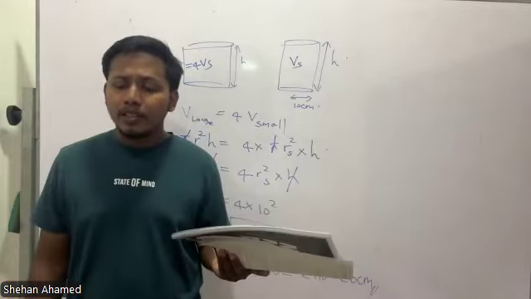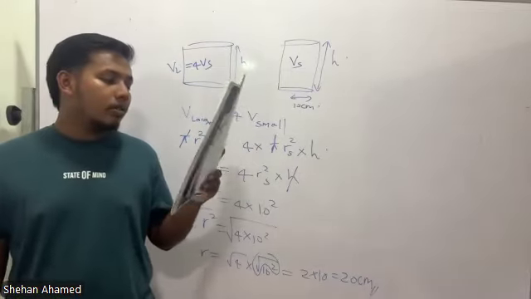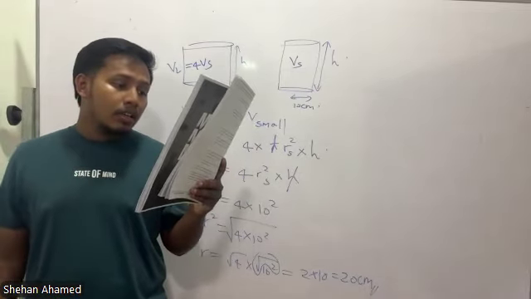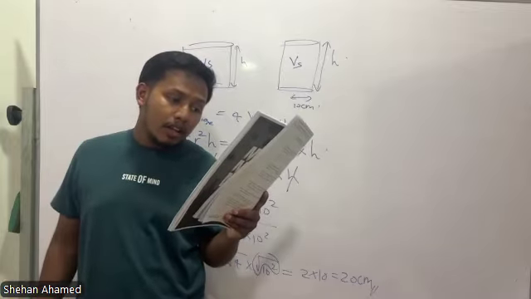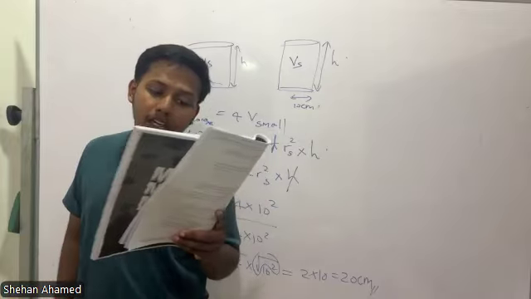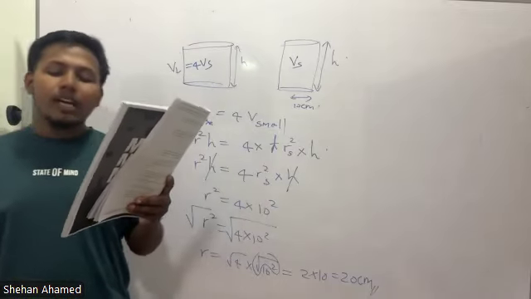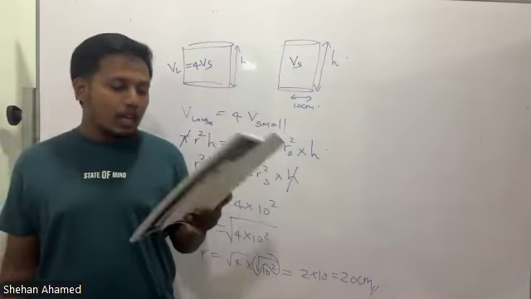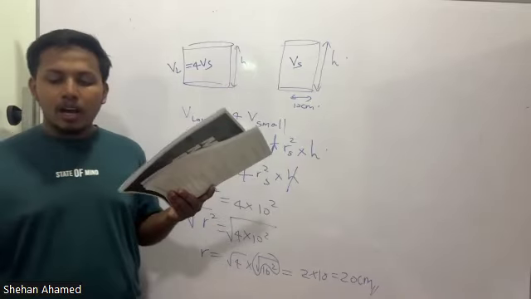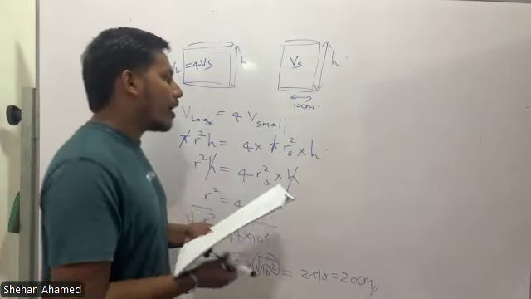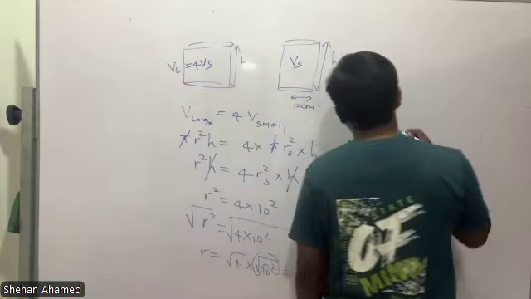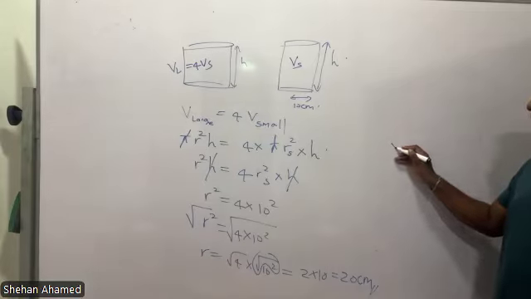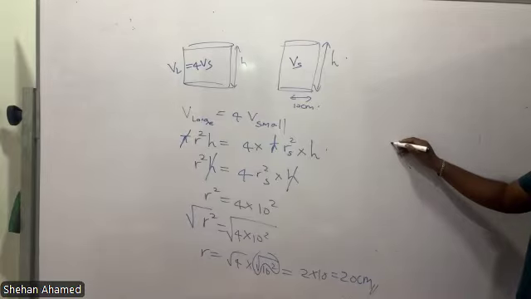This type of question we did previously also. First one. Now to become a right prism, can a square come? Can a square come for a triangular prism? Can it happen?